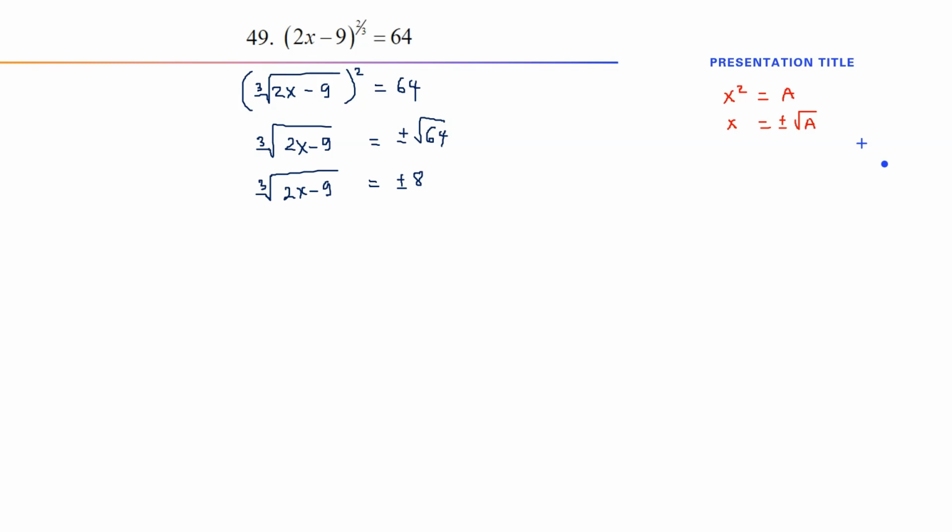Now we solve for each of the equations: the cube root of 2x minus 9 equals 8, or the cube root of 2x minus 9 equals negative 8.